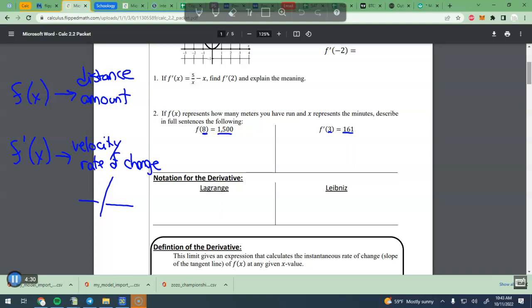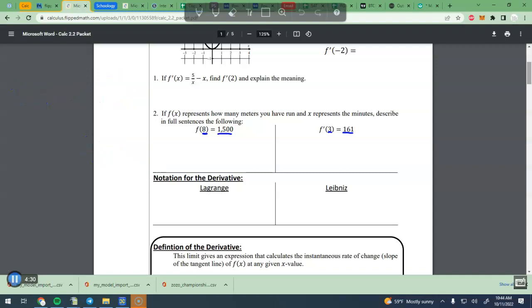So I've run for 8 minutes, and that means I've run 1,500 miles. That would be a little ridiculous. Meters? Probably meters. So after 8 minutes, I have run 1,500 meters.